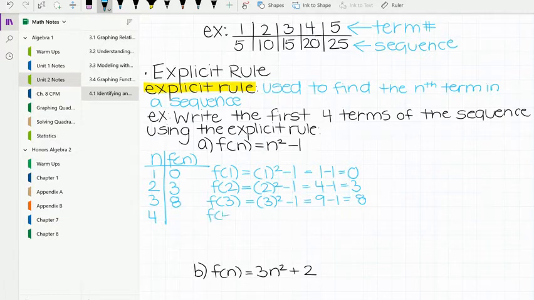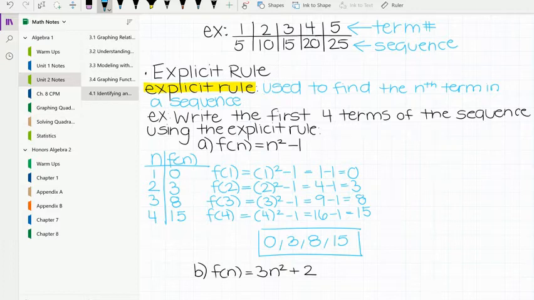And f of 4 is 4 squared minus 1, which is 16 minus 1, which is 15. So our first 4 terms would be 0, 3, 8, and 15.